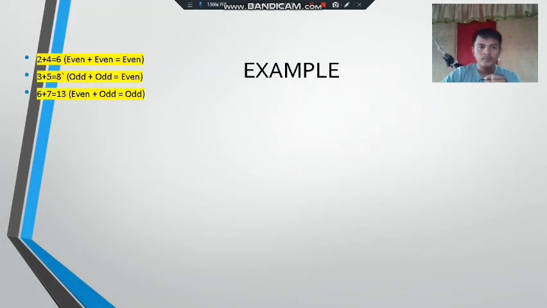Example: this is the addition property: 2 plus 4 is equal to 6, even plus even equals even. 3 plus 5 is equal to 8, odd plus odd is equal to even. 6 plus 7 is equal to 13, even plus odd is equal to odd.